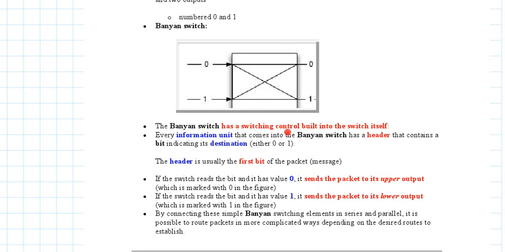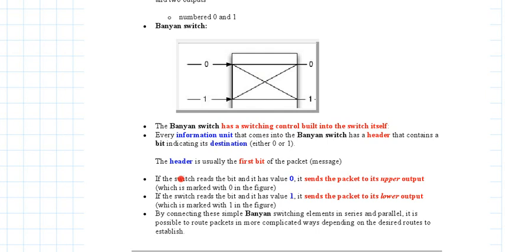So here is the solution to the problem. Whatever information arrives into the banyan switch, there is a bit associated with that information which contains the destination in terms of either 0 or 1.